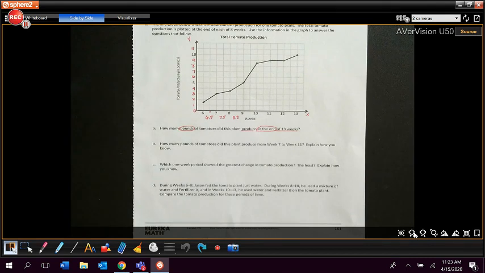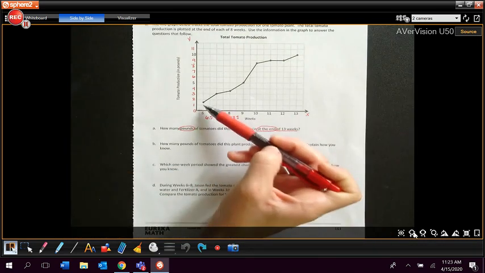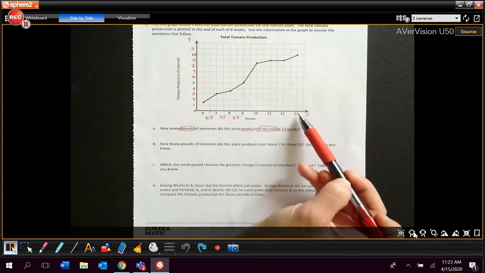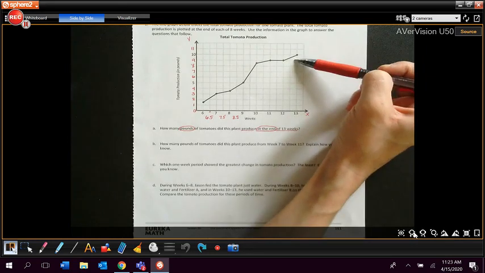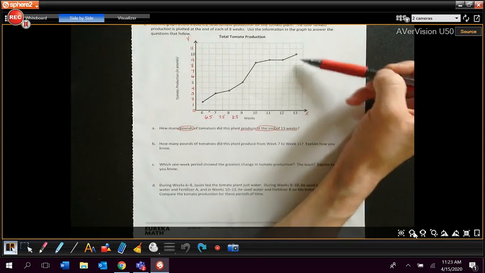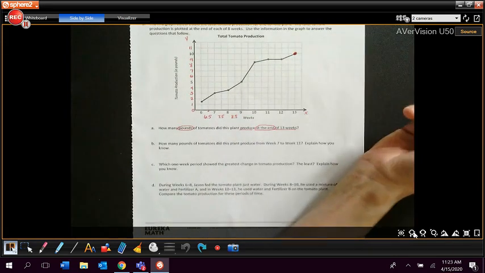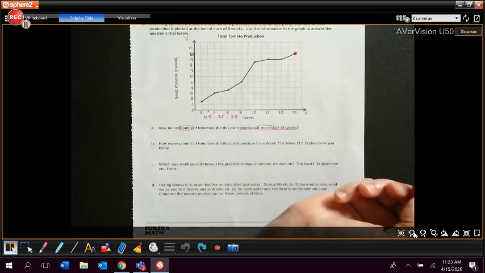Here it's asking at the end of 13 weeks. So at the end, we know these are our weeks. At the end of 13 weeks, how many pounds, we know that our y is our pounds, how many pounds did the plant produce? And if we look at our y, we know it produced 10 pounds.